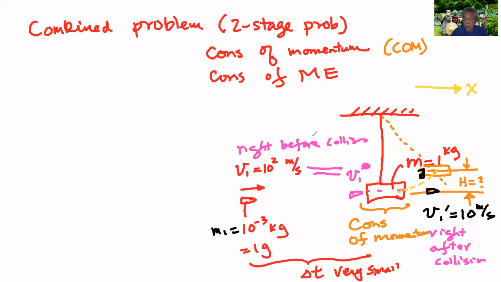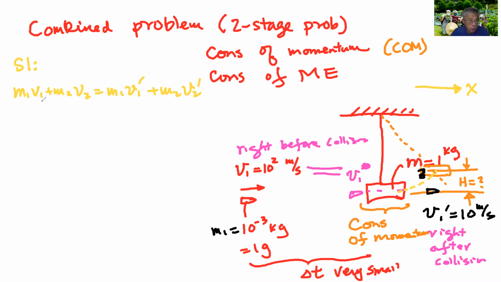Stage one: we say M1 V1 plus M2 V2 is equal to M1 V1 prime plus M2 V2 prime.